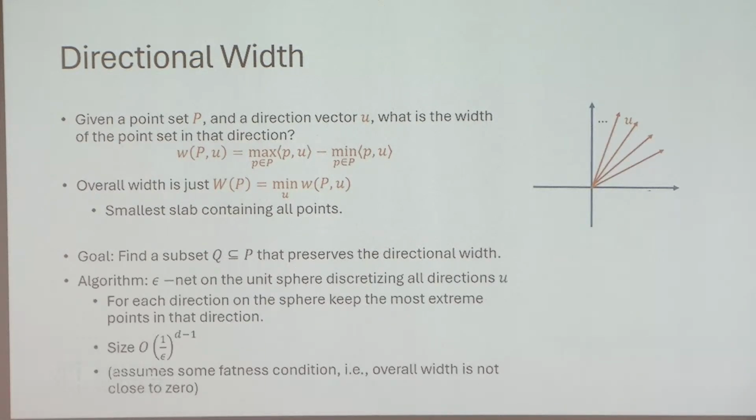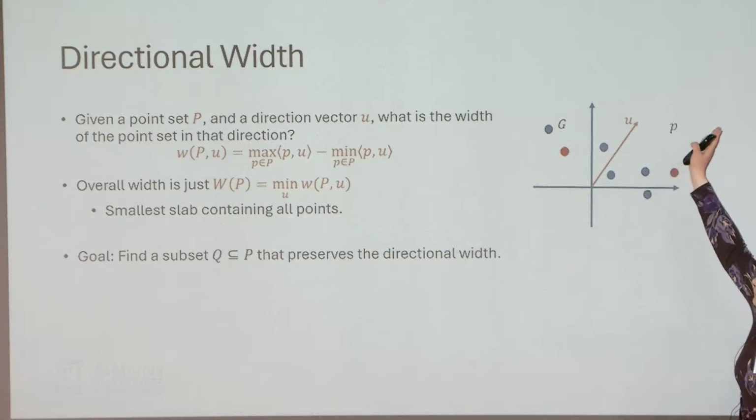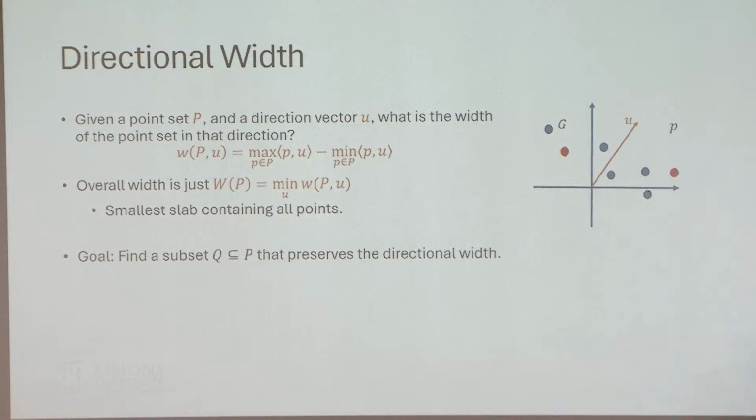Okay. So a simple algorithm is the following. If we just want to preserve the width of this point set along this direction, you can just keep the point that has the maximum projection in that direction and the point that has the minimum projection in that direction, the two most extreme points.